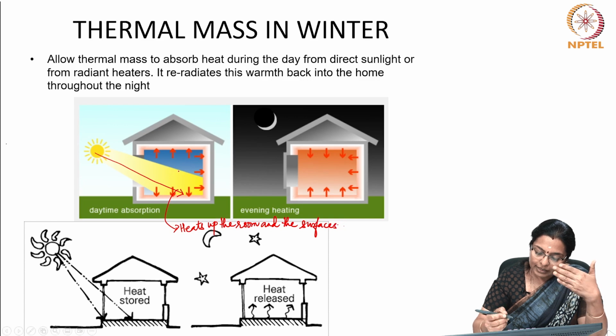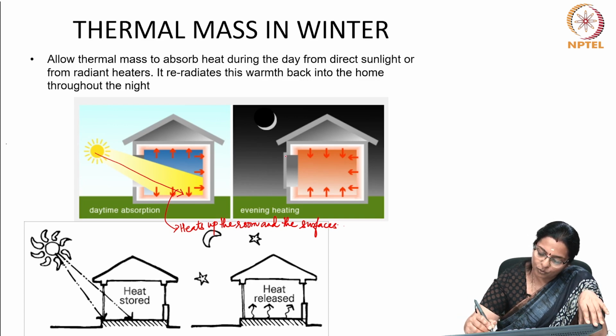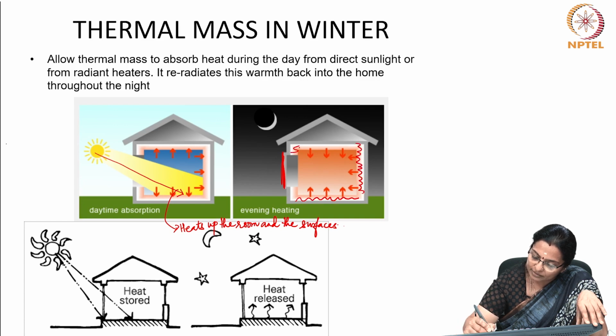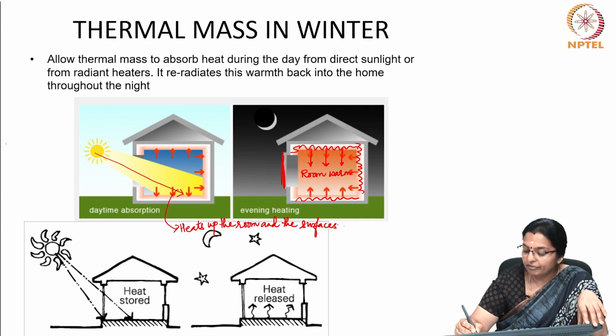Then since it is cold outside, at night you close the windows, and whatever was absorbed by the floor and the walls is radiated back into the room, keeping the room warm during winters.